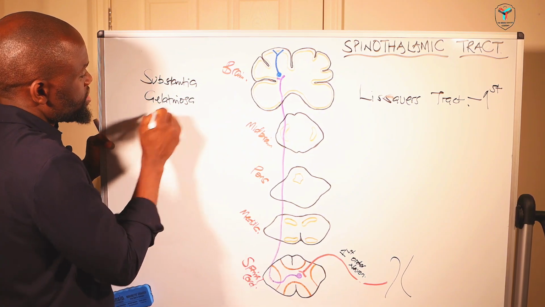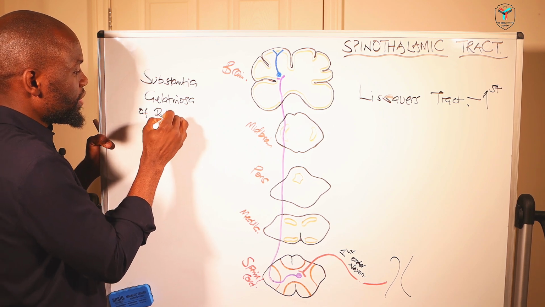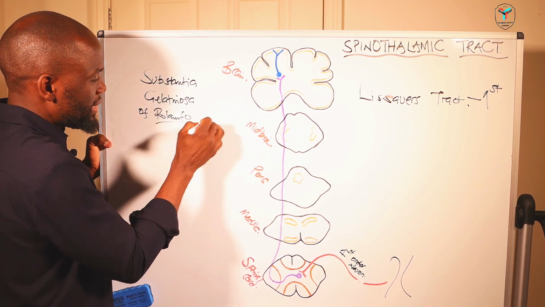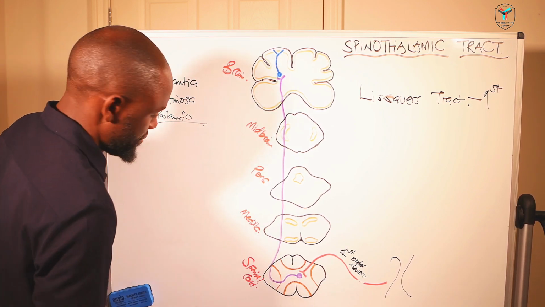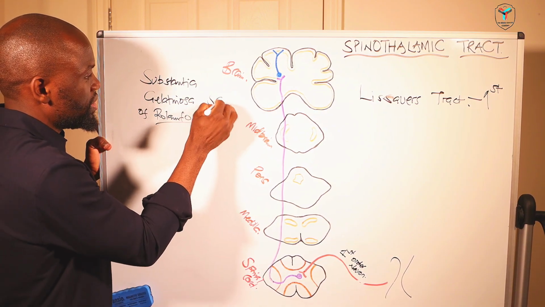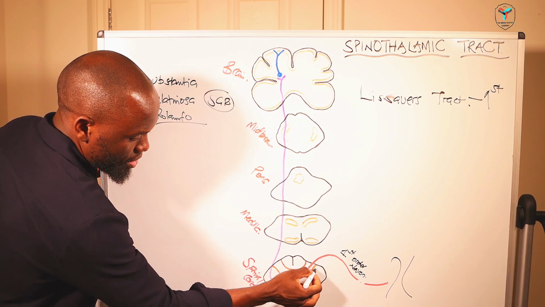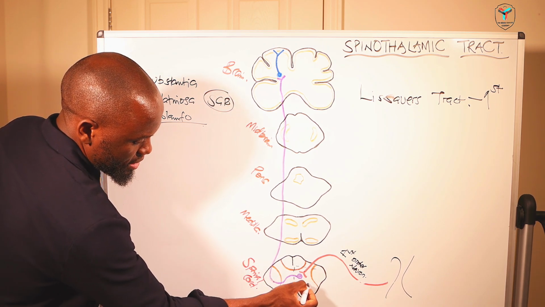Okay, so it's called the substantia gelatinosa of Rolando. It is named after an Italian anatomist who first named it. So it is the substantia gelatinosa, or the SGR. So around here, this is where you're going to find this substantia gelatinosa.